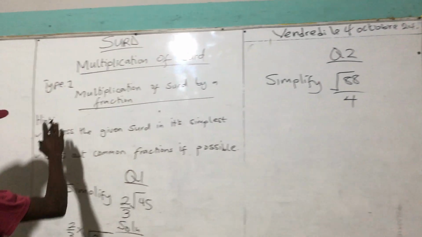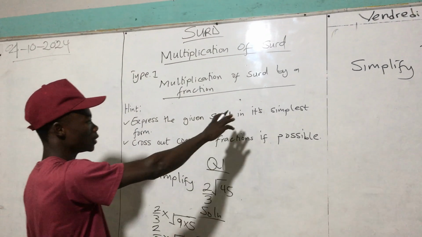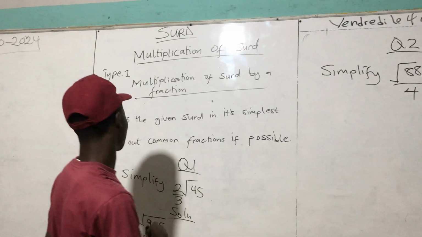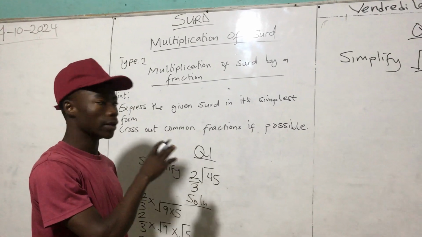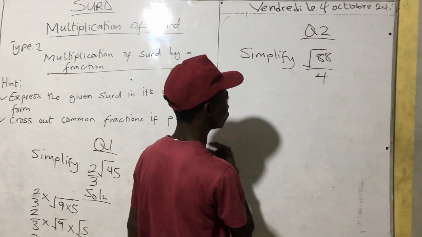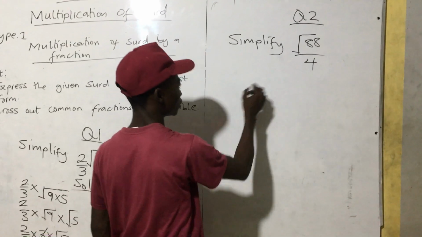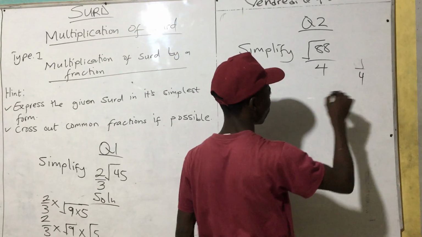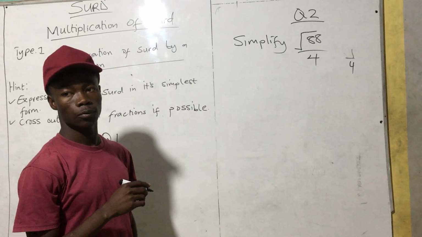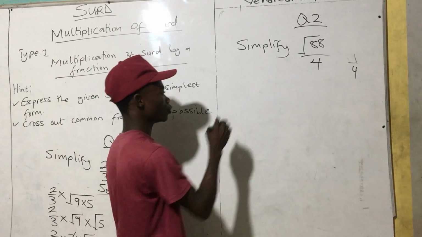Alright, so we follow the same hint here. We express the given surd in its simplest form. You cross out common fractions if possible. Alright. Our fraction here is 1 over 4. Do not forget it's 1 over 4 here. Alright, so our solution.